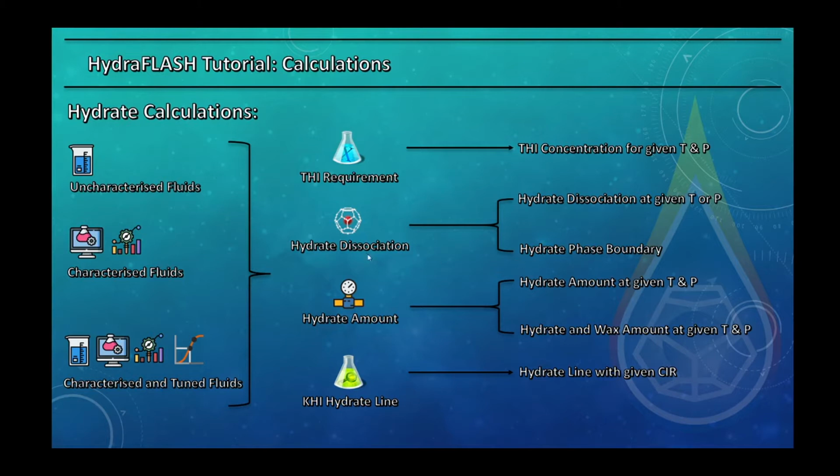The other feature for this module is a hydrate phase boundary. Hydrate phase boundary is simply a line which divides the PT diagram into 2 regions, the hydrate stable zone and the hydrate safe zone.